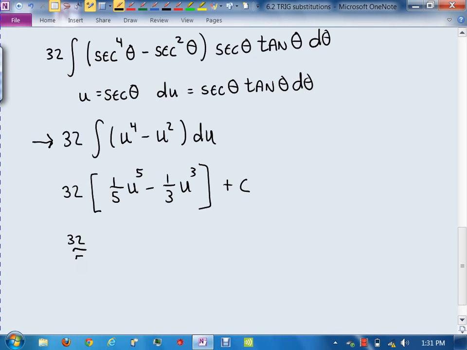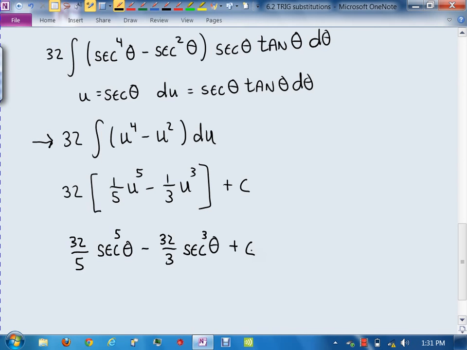32/5, right? 32/5 u to the fifth. But what was u? Secant theta, right? Secant theta to the fifth minus 32 thirds secant cubed theta plus c.